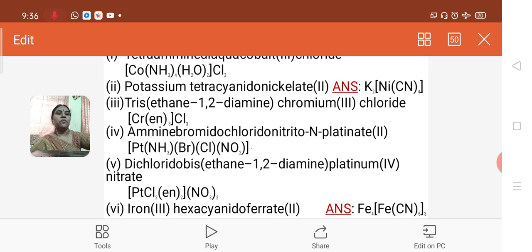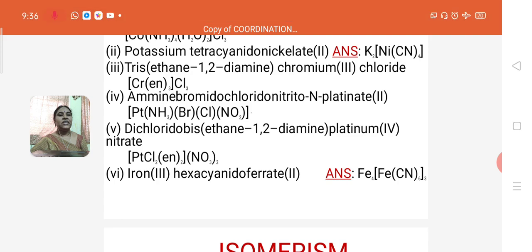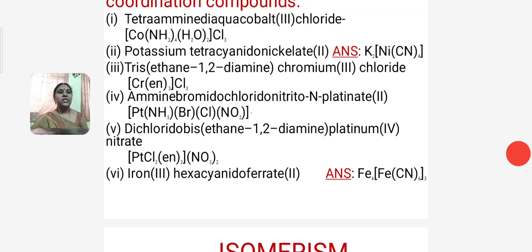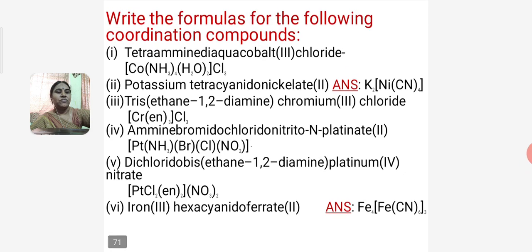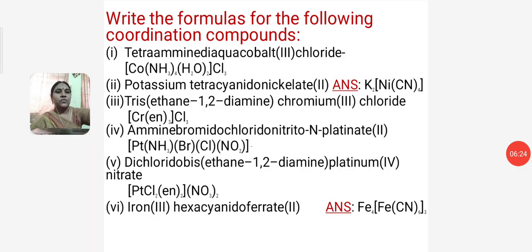That is the formula of the second complex. Now, let us go to the third complex, tris(ethane-1,2-diamine)chromium(III) chloride.